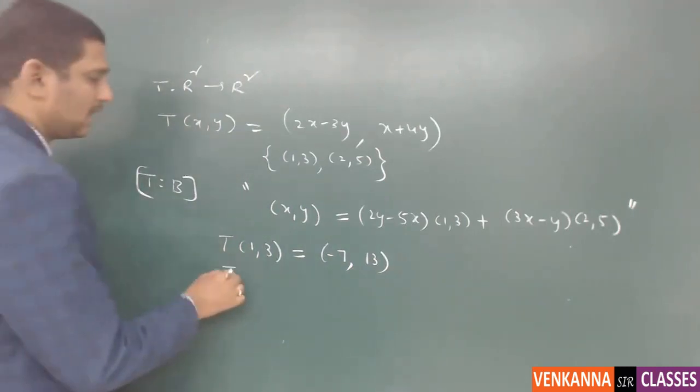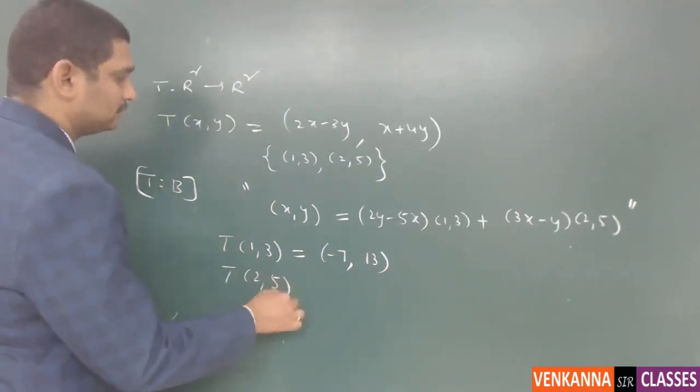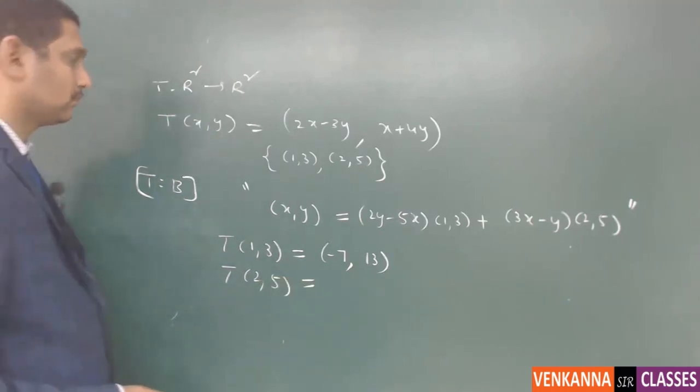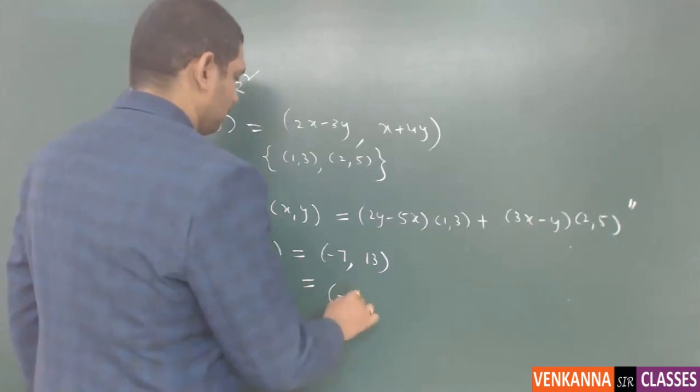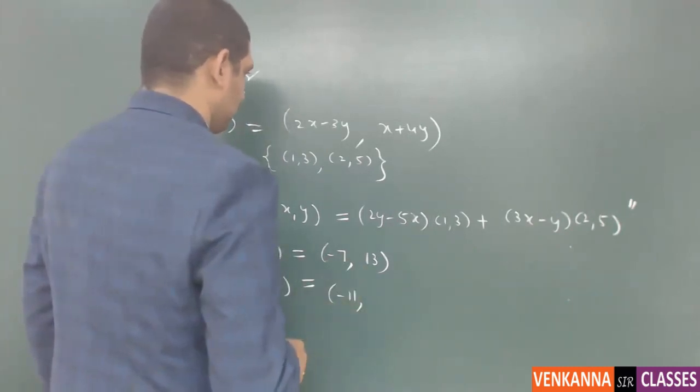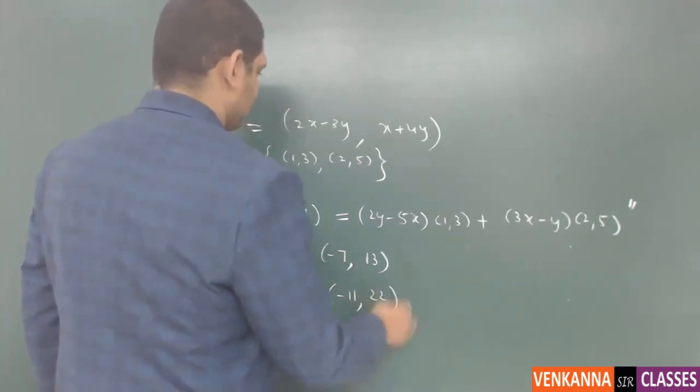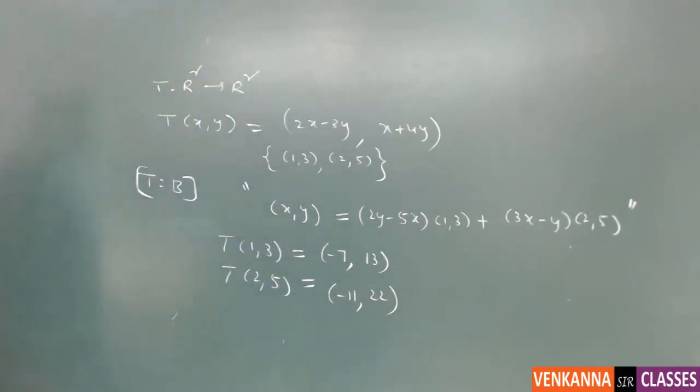Again, T of (2,5). You accept it? Yes or no? Right.